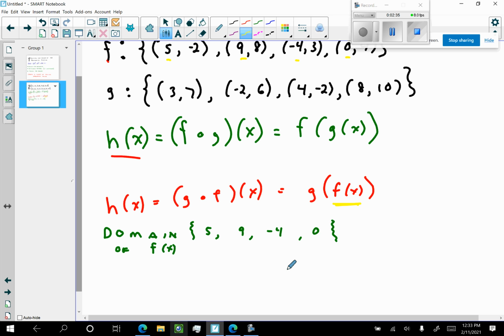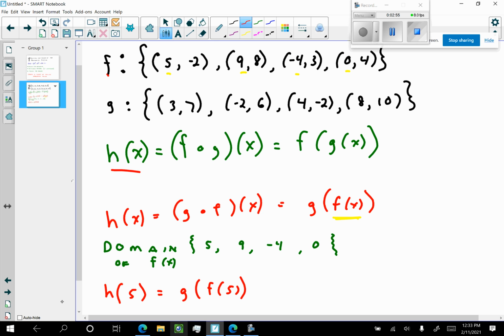So I'm going to try to find the first point. I'm going to try to find h of 5. H of 5 is going to be g of f of 5. And I'm going to go kind of slow here. Elena, what is f of 5? Do you know, dear?